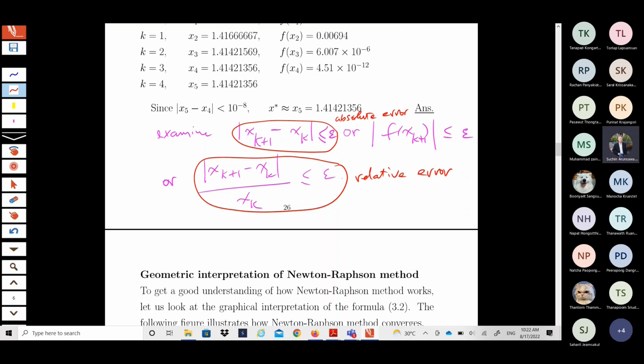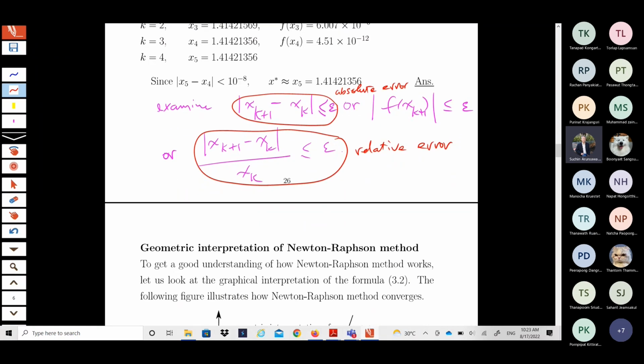When we do the iteration in good software, we don't choose to use only one of them. We use both depending on the situation, and sometimes the user can make a choice whether to use the absolute error or the relative error to terminate the iteration.